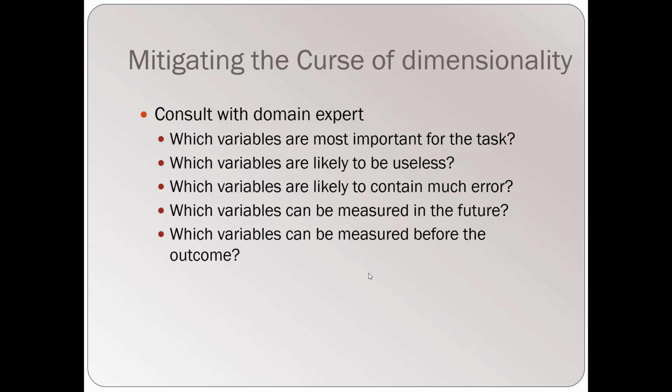So which variable can be measured before the outcome? This is a key point. If a variable can be measured only after the outcome, being the target, then you cannot have it ahead of time to predict the target. For example, you're trying to predict house price in the Boston housing example. Now, tax is one of the variables in the data set.